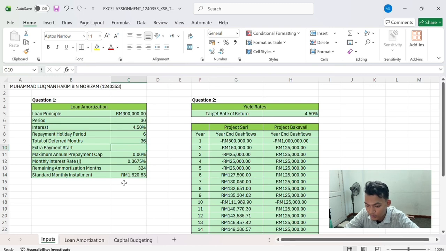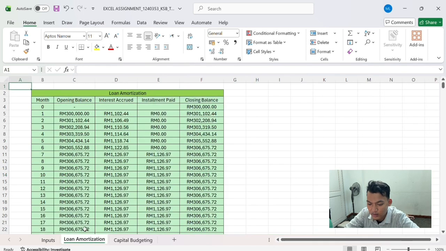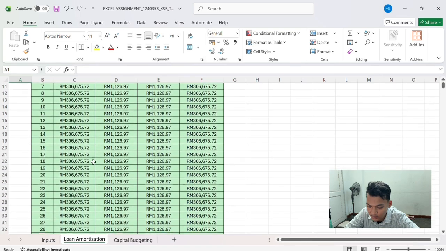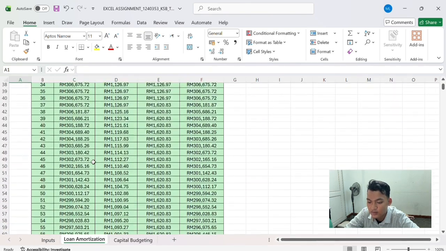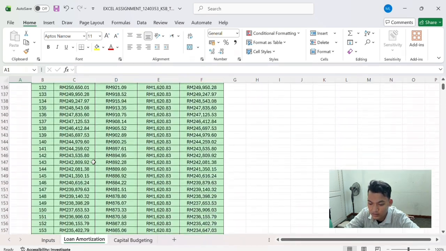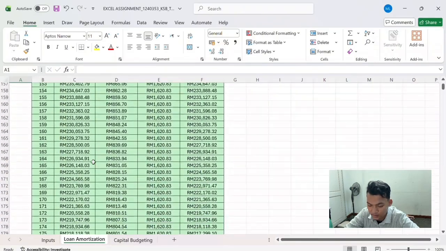And as you can see here, we get the standard monthly installment that is calculated automatically. Here it is 1,620 ringgit 83 cent.